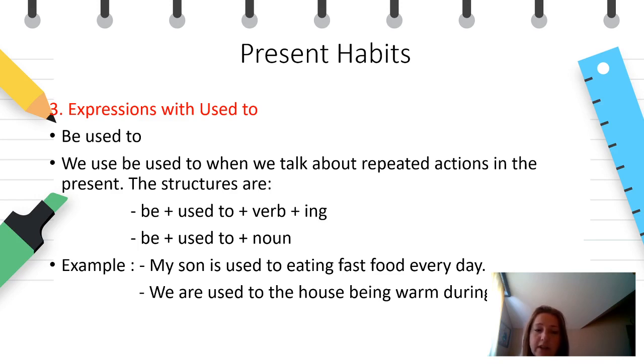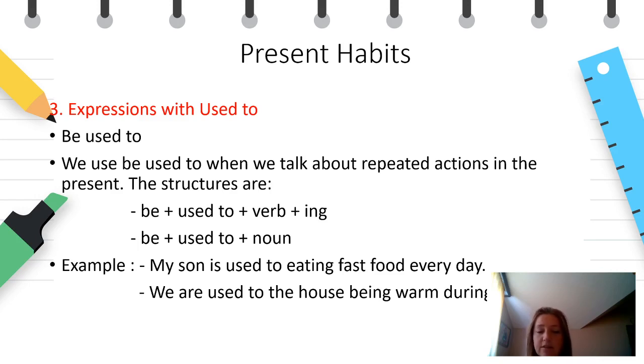The first one is be plus used to plus verb plus ing, and the second structure is be plus used to plus noun. Let's look at the example for the first structure. My son is used to eating fast food every day.